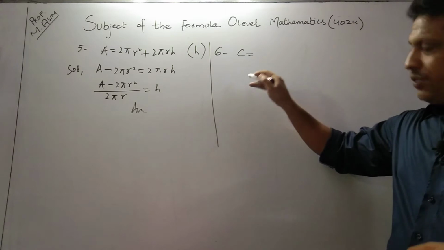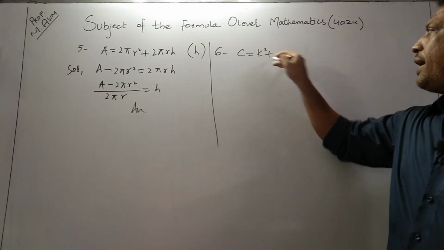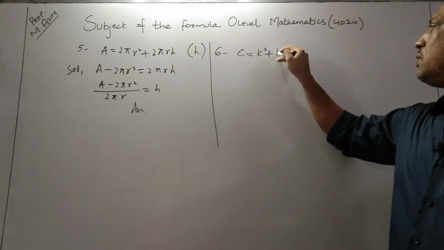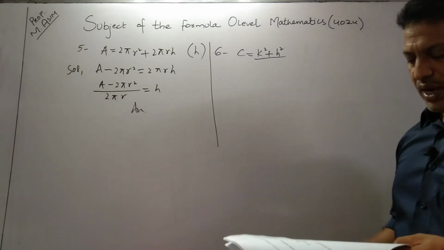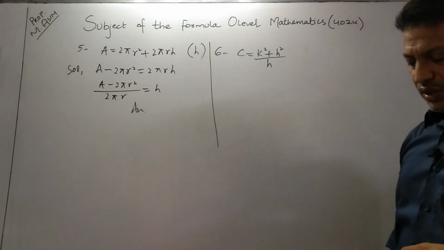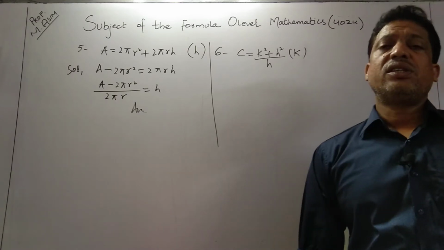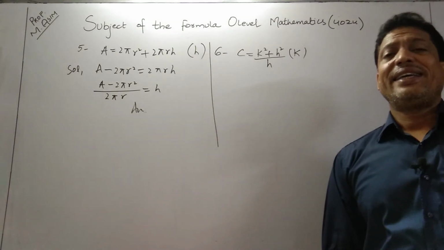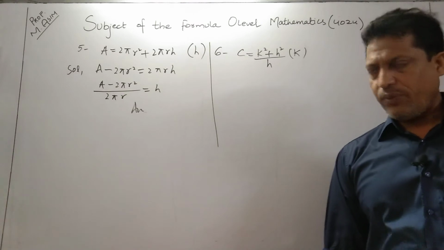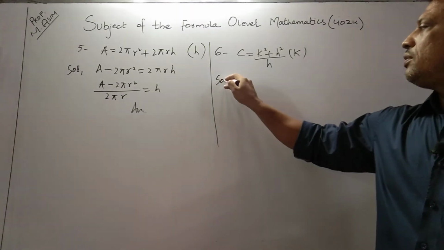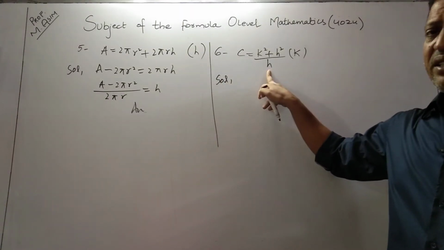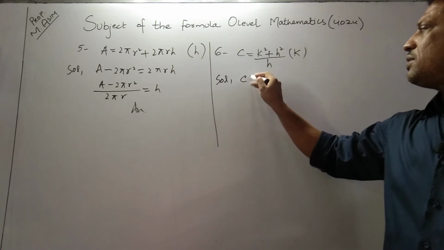C is equal to (k square plus h square) upon h, k. In this case, we have to make k the subject of the formula. Solution. This h is divided, so this should be multiplied by c.